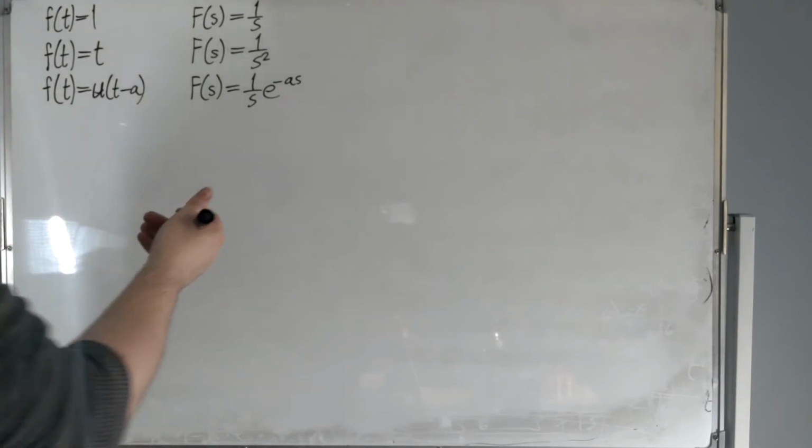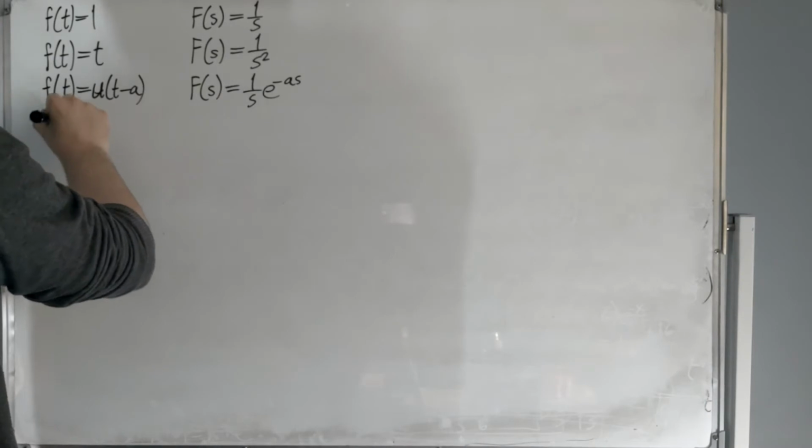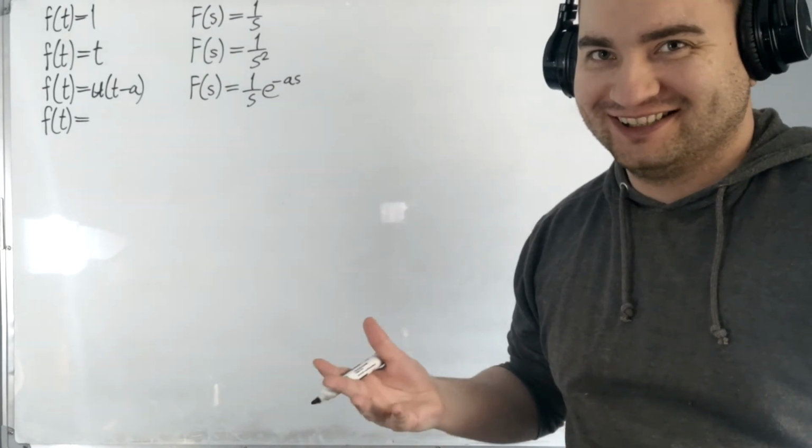Now, the rest of these on the table, we of course don't have time to go through an example for each of these, but I'm just going to write a few down.